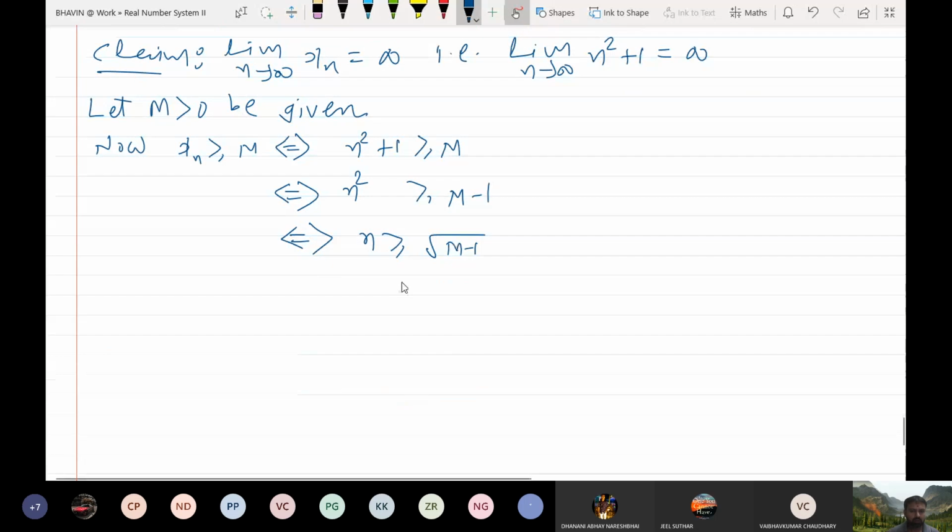So in order to remove this, what should I do? Abhay, tell me, what should I take n naught? Bracket, square root of m minus 1, plus 1.